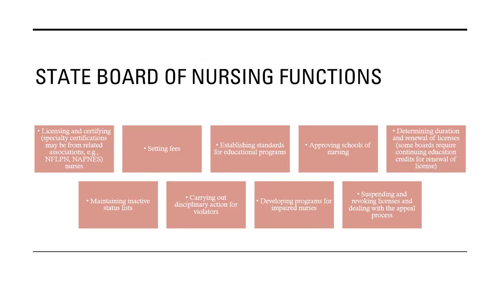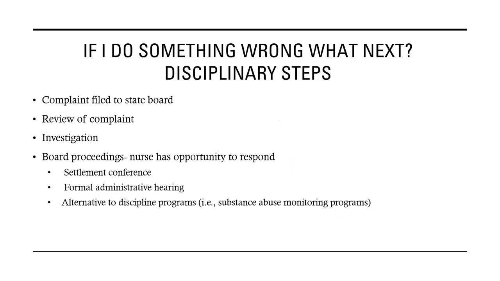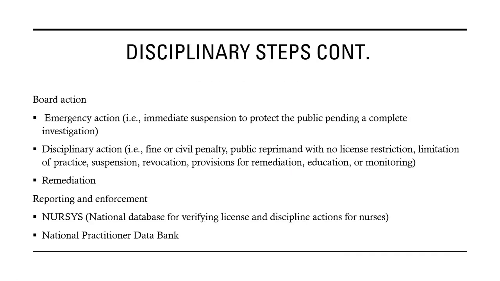Board action can be where they can decide if an emergency action should there be immediate suspension. Disciplinary action, should the nurse be fined monetarily. Should there be remediation? And also they place the information inside of these databanks. So going forward, employers can look in these databanks and see if there are any disciplinary actions on this nurse's file.